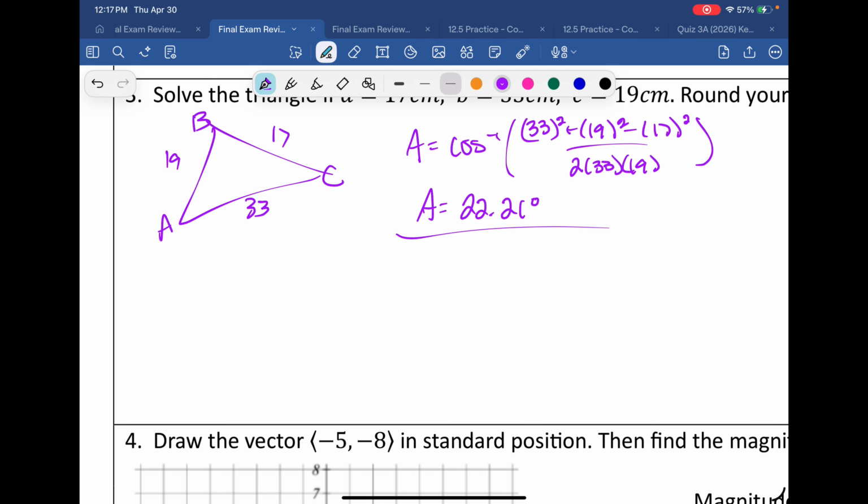Now we'll do the same thing for B. And talking about the adjacents. What am I writing?